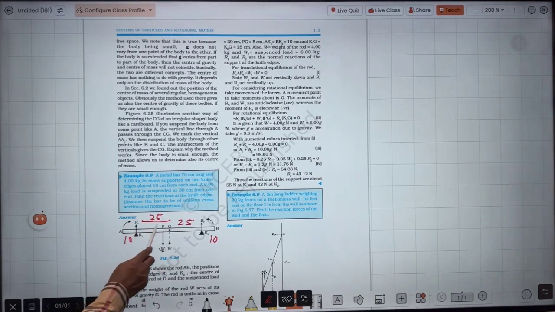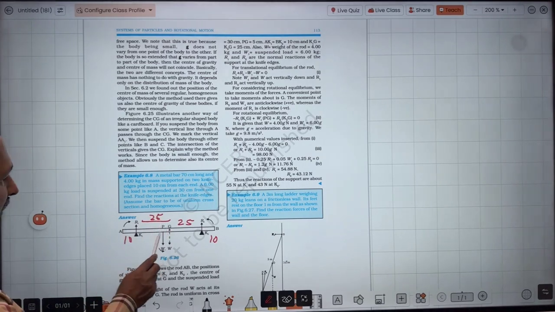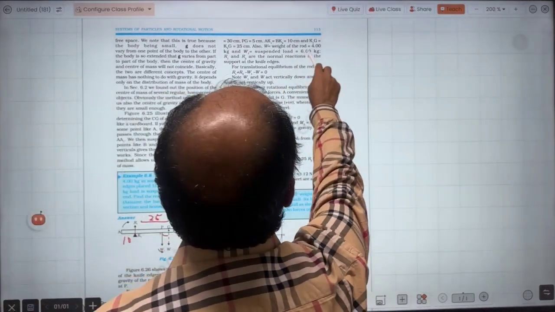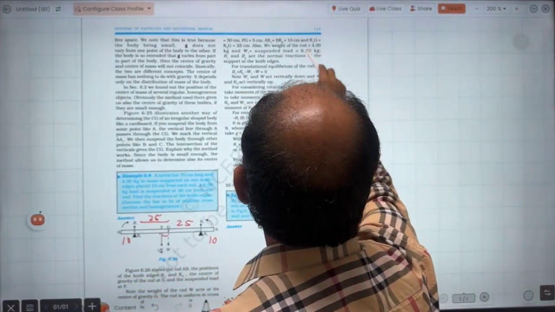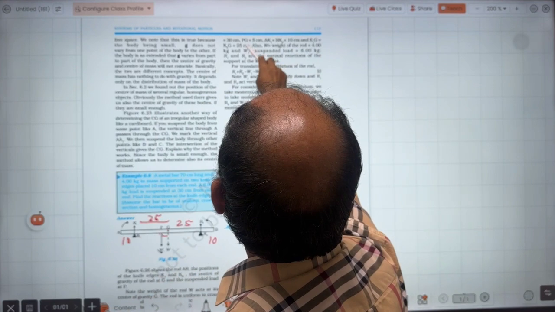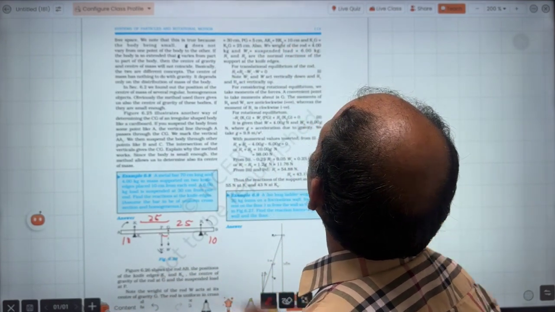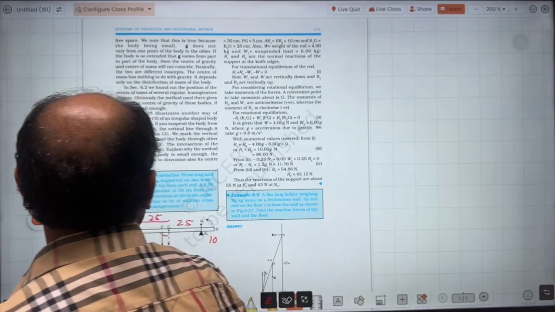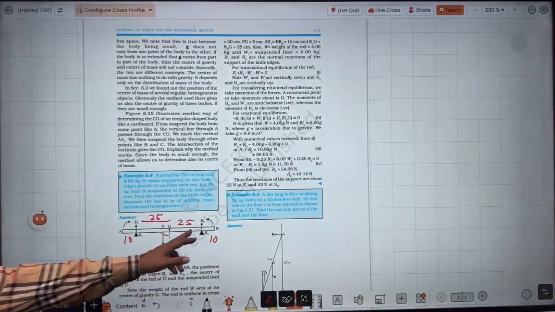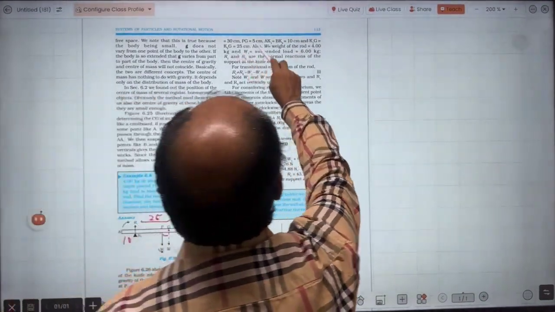So up to here this is 35, and from here this is 30. So this distance PG will be 5 centimeter. PG is 5 centimeter, AK1 and AK2 are 10 centimeter. That also, as I told you, AK1, AK2 are 10 centimeter.